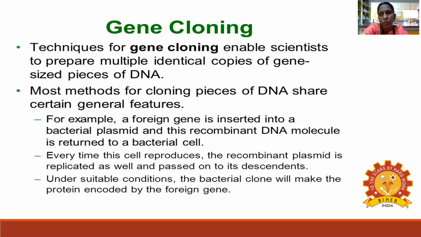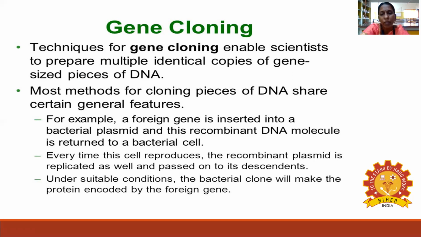What is the feature? The foreign DNA. The DNA you want to insert, the type of DNA you want, is called the desired DNA, and the desired DNA is inserted into a bacterial plasmid. That is called a recombinant DNA molecule, and that recombinant DNA molecule is returned to the bacterial cells.